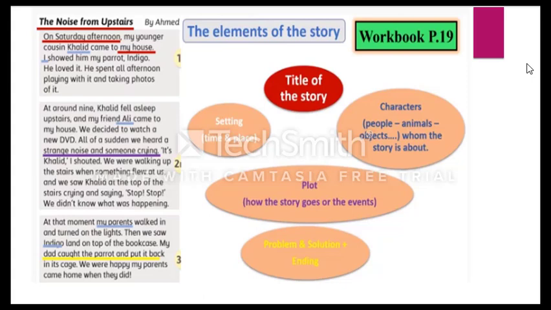The Noise from Upstairs. On Saturday afternoon, my younger cousin, Khalid, came to my house. I showed him my parrot, Indigo. He loved it. He spent all afternoon playing with it, talking and taking photos of it.